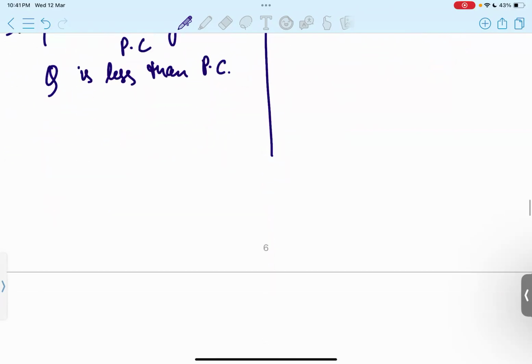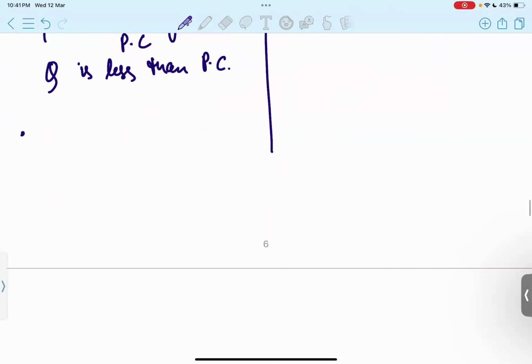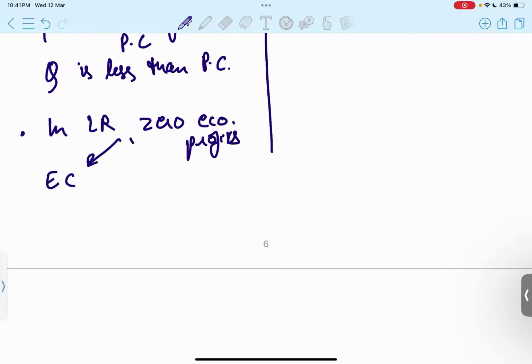So in the long run, there are zero economic profits, yet there is excess capacity, and another problem is allocative inefficiency.